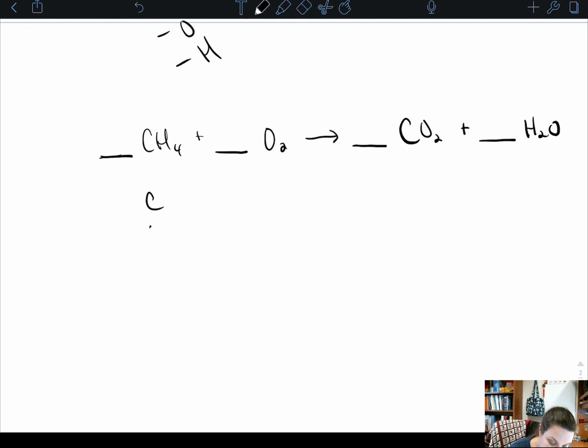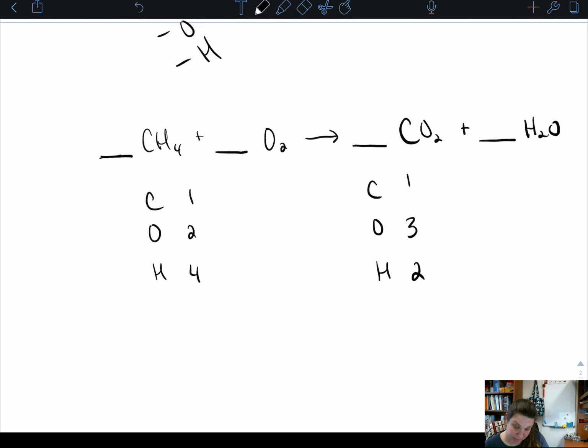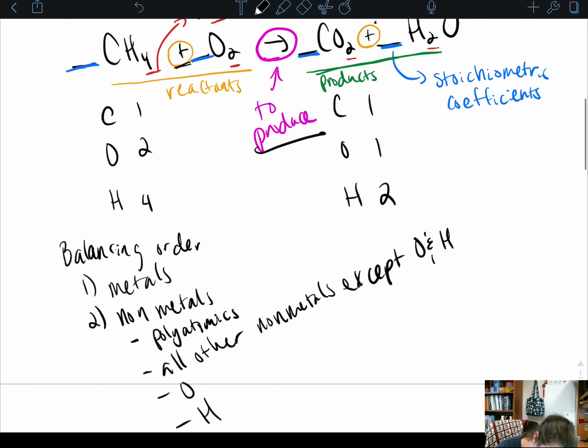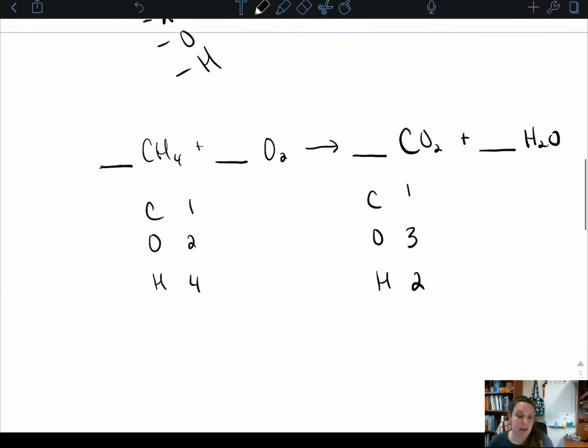So carbon, oxygen, hydrogen, carbon, oxygen, hydrogen: 1, 2, 4, 1, 3, 2. And I think I actually put 1 up there, didn't I? It's supposed to be 3. Okay, our carbon's good, so move on to oxygen.